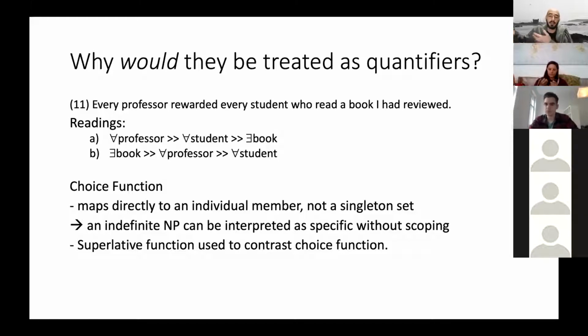Sometimes you can interpret it as a definite, like that book that we all know we're talking about, that book that I had reviewed. And even if we have a quantificational domain of more than one book, a book could still bear a specific interpretation if we use this choice function trick that allows us to pick one specific book out of a set of salient books, and that will still behave as definite.